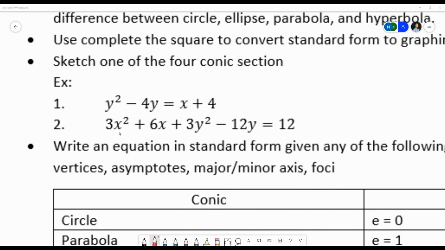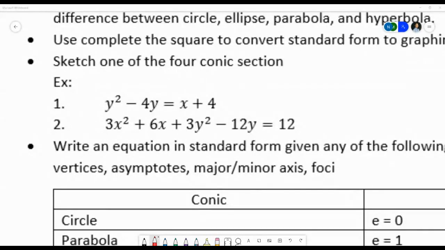Can you tell me example 2, what conic section that is? Is it a circle? I think so. Uh-huh. Why do you think so? Why is it not an ellipse?